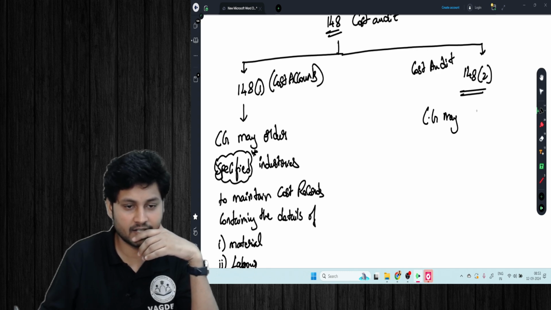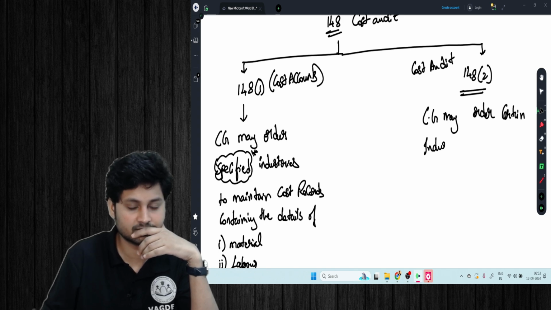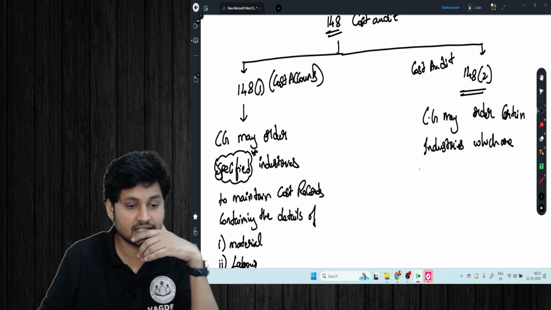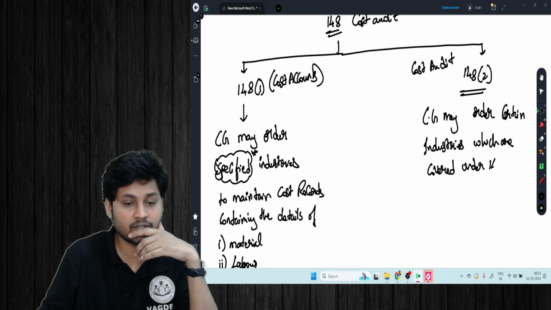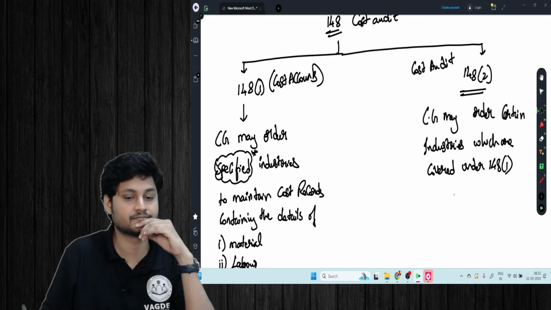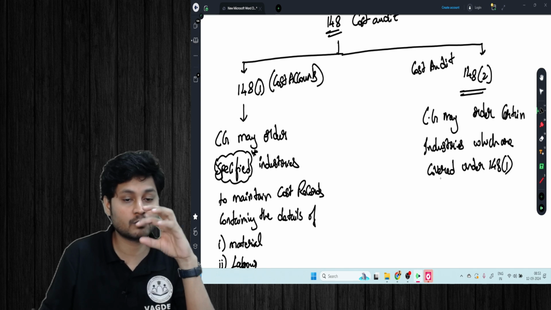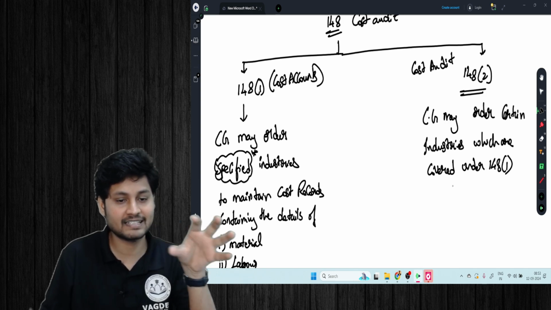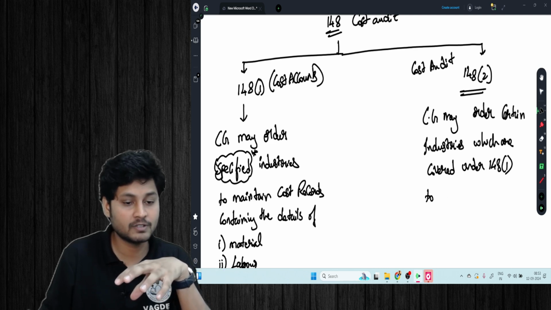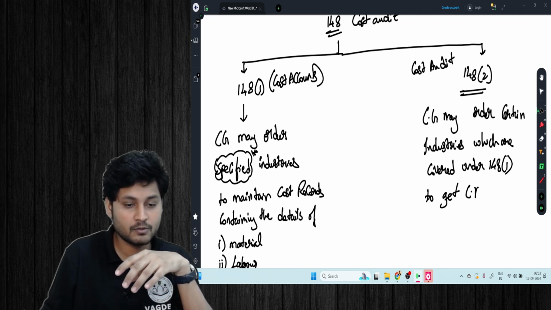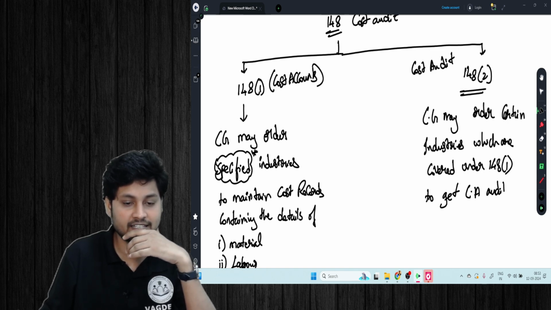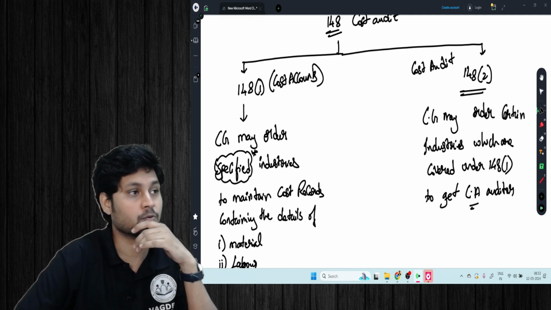CG may order certain industries which are covered under 148 subsection number 1. And for those companies, what can be ordered? CG may order certain industries which are covered under 148 to get cost accounts audited. What is CA? Cost accounts. You write in detail.